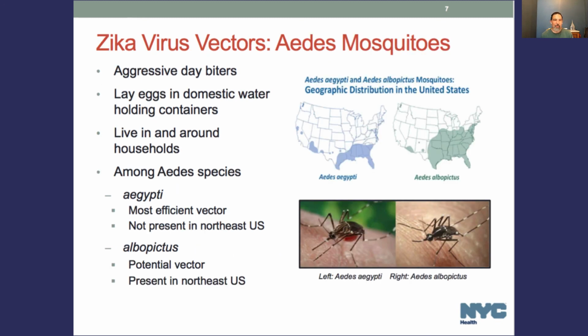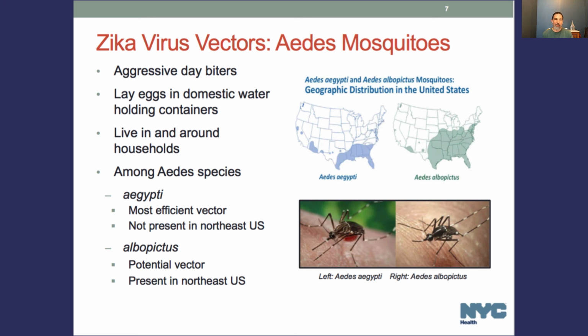So, as a mosquito-borne illness, it's not the case that every mosquito can transmit every mosquito-borne infection. In the case of Zika, the particular species that are efficient at transmitting Zika virus are the Aedes mosquitoes, and these are day-biting mosquitoes that lay eggs in domestic water-holding containers. They can live in and around households.